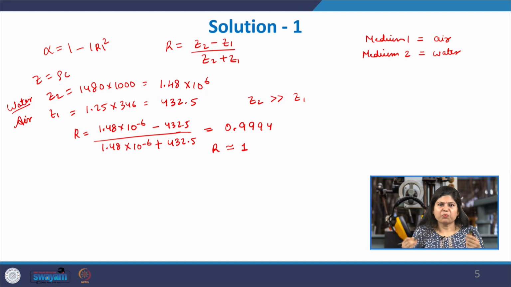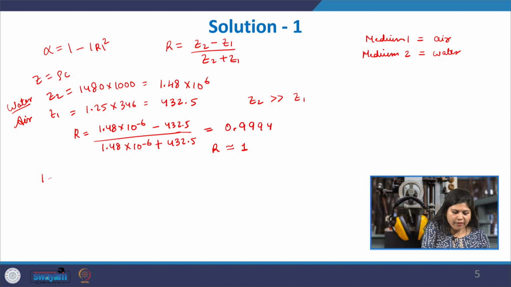This is a special case which we will be discussing very soon. When a sound encounters the boundary of a medium which has a much higher impedance, the reflection coefficient is almost equal to 1, which means that whatever pressure is incident, that same magnitude of pressure is getting reflected back.